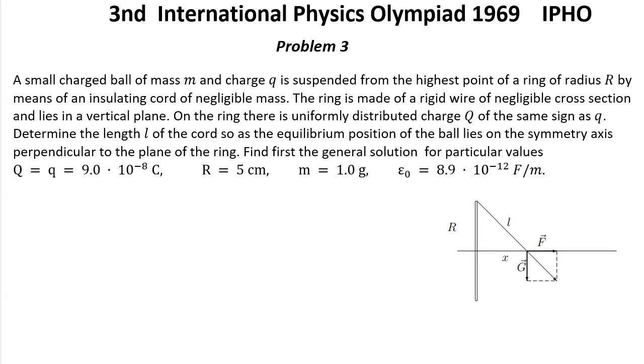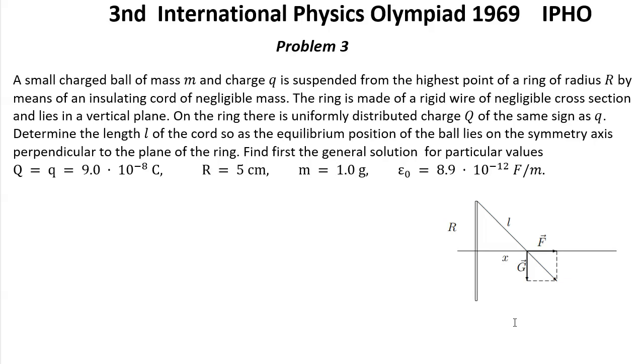Solution for problem number 3. In equilibrium, the cord is stretched in the direction of the resulting force of G equal mg, and the force F equal Q multiplied by electric field E in the x direction, where E stands for the electric field of the ring on the axis at distance x from the plane of the ring, because the perpendicular component equals 0.